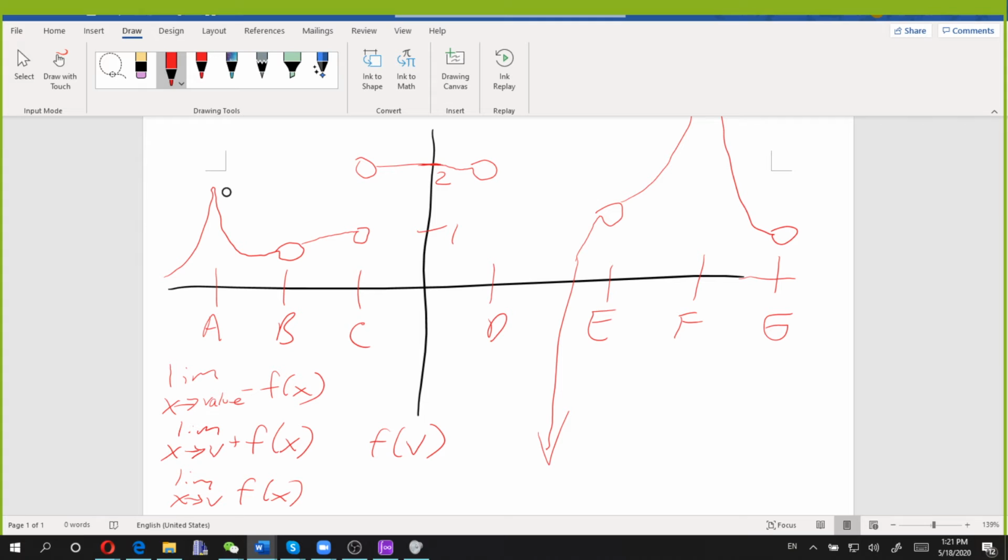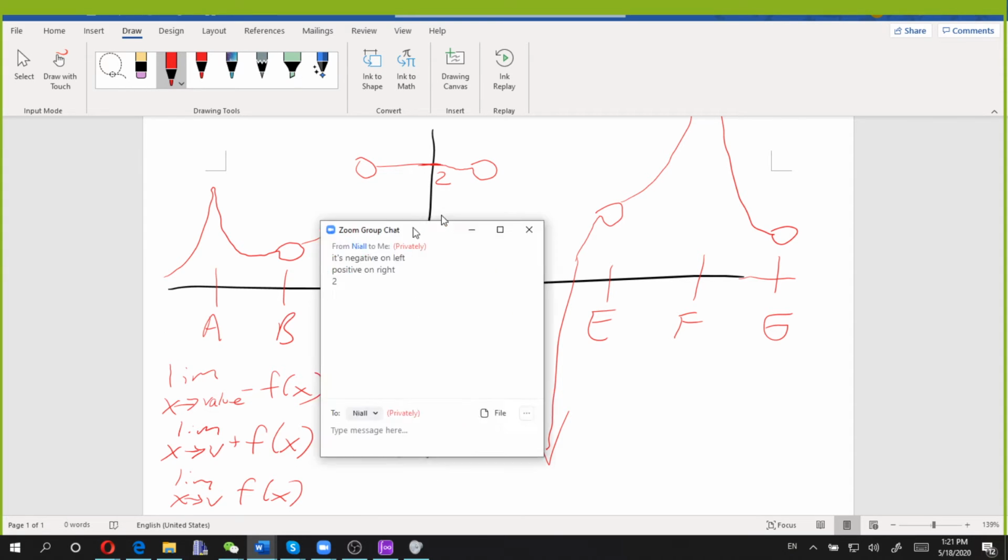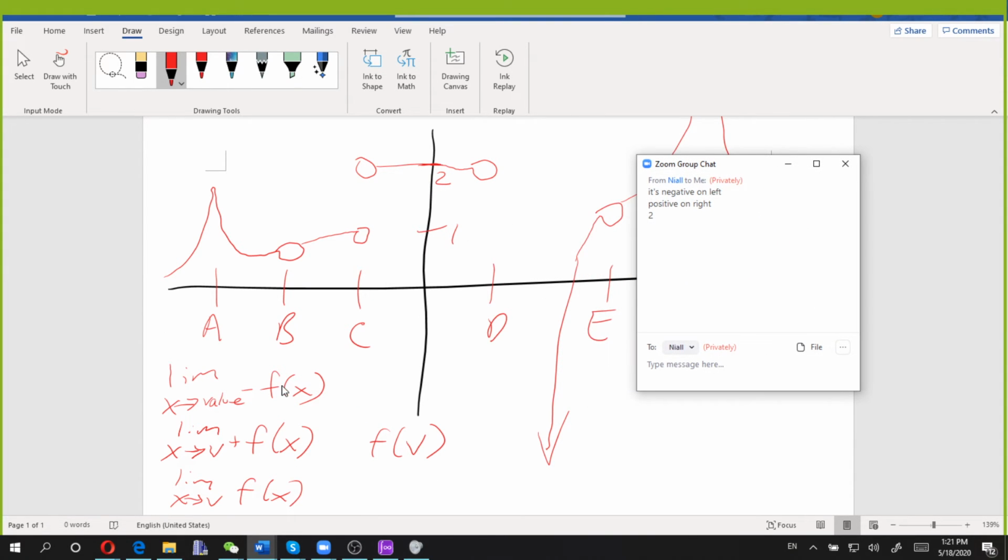Okay, so Niall's chatting with me. Limit from the left. Okay, I think you're giving me the limit of the slope. Okay, my limit from the left of x equals a is what y value am I getting closer and closer to as I approach x equals a?